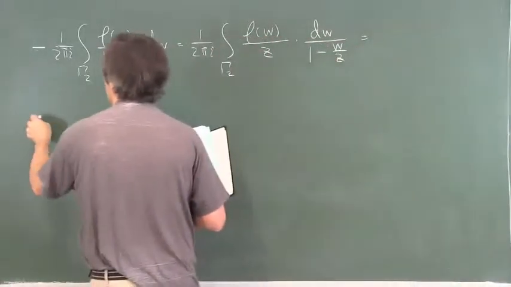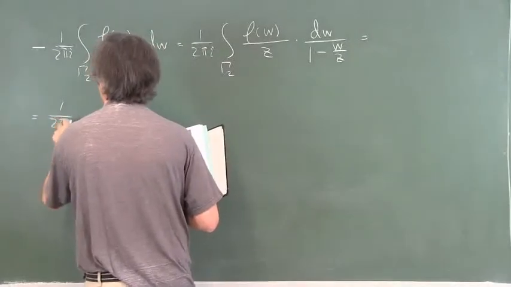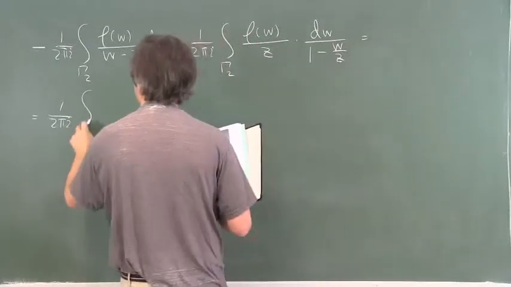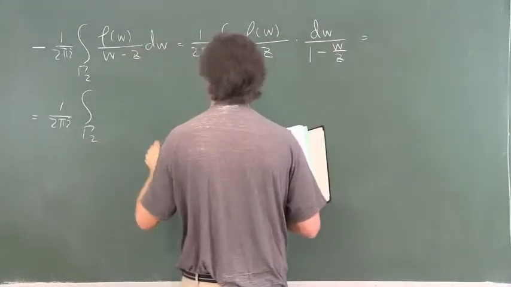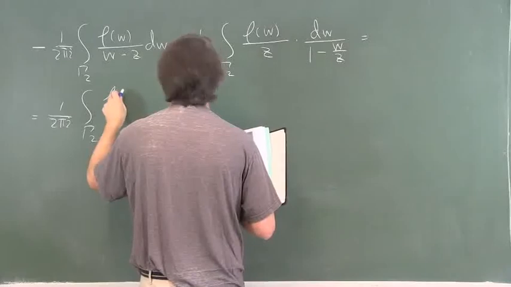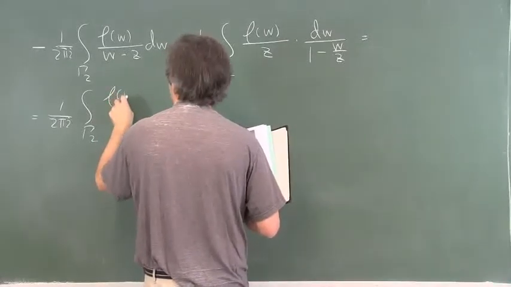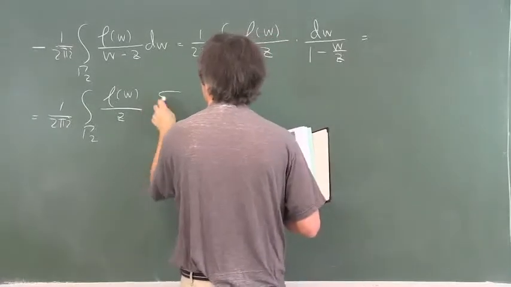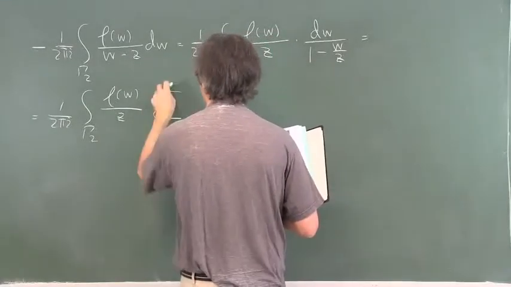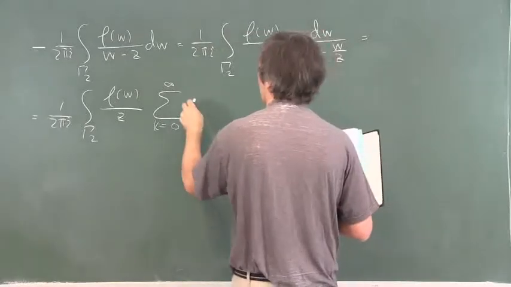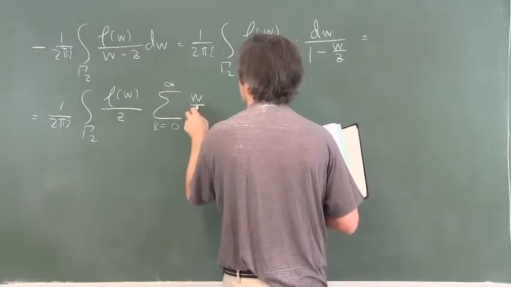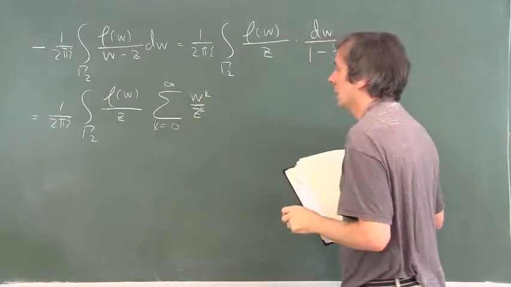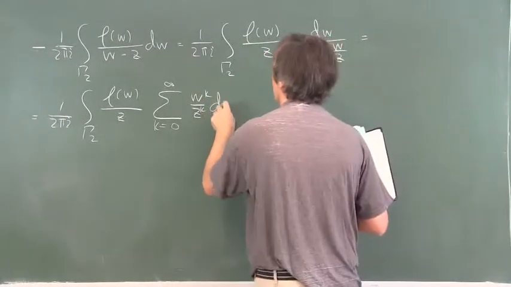So we'll get 1 over 2 pi i, and then we get the integral over gamma 2 of f of w divided by z, and we get the sum, k goes from 0 to infinity, of w divided by z to the power k, and then dw.